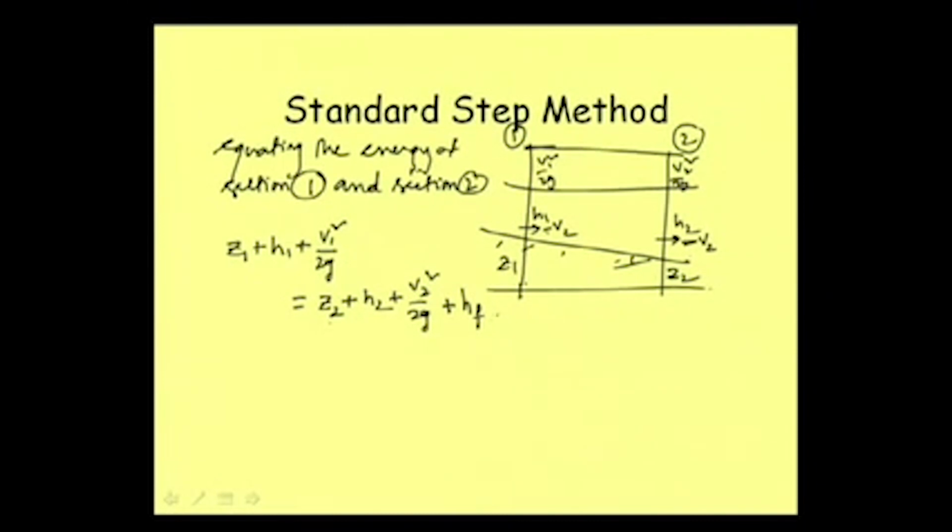That loss was also added here as HE. That is why this standard step method has another advantage: it can be used for a non-prismatic channel also, because this sort of eddy loss is prominent in the case of a non-prismatic channel.